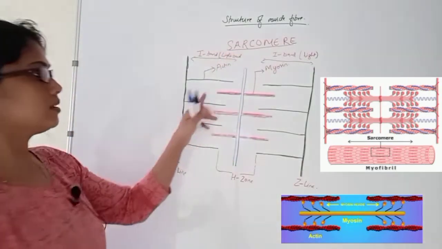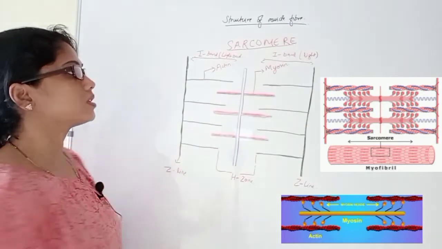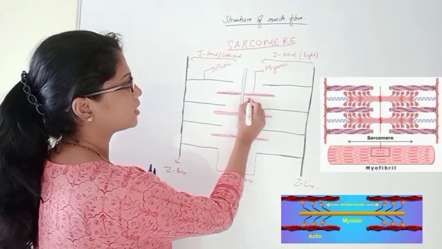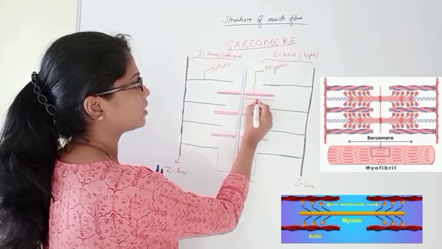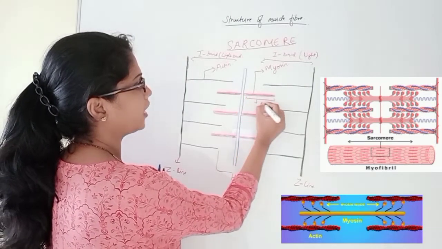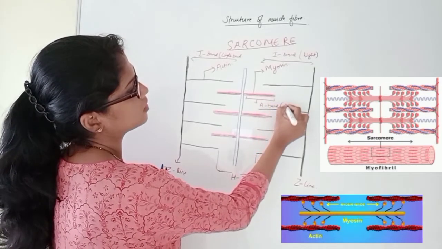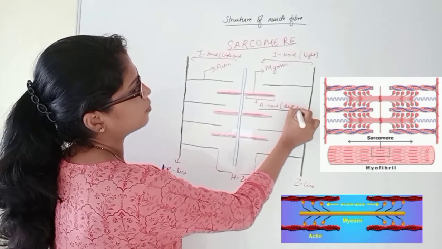And this thick filament here, called myosin, forms the dark band, that is the A band. This area here is the A band, also called the dark band.